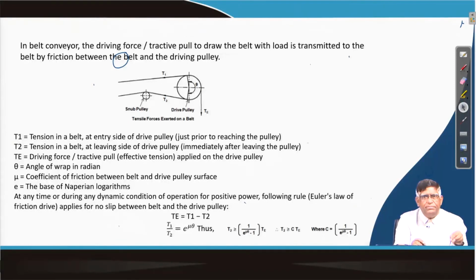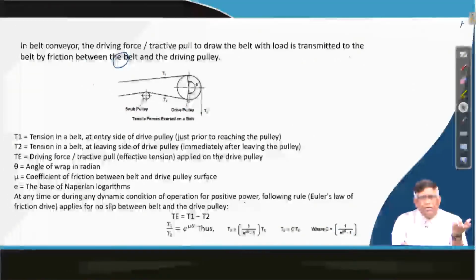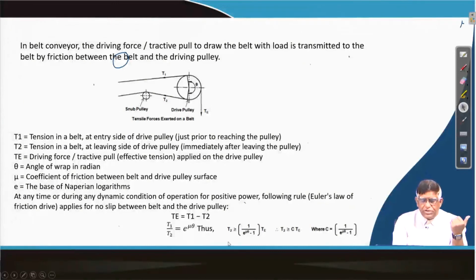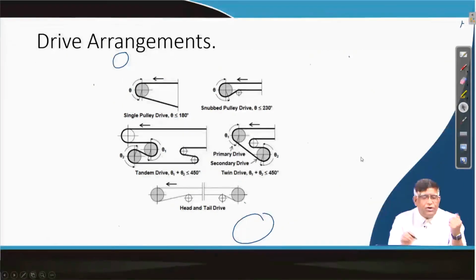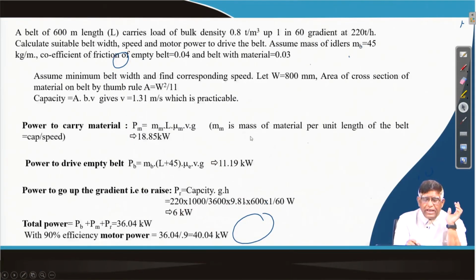It will be the driving or power calculating equation. You can find T2 from this particular factor, which gives the measurement of the tension. Once you have the tensions, the drive arrangement could be at one pulley, or you can give the drive at two pulleys.